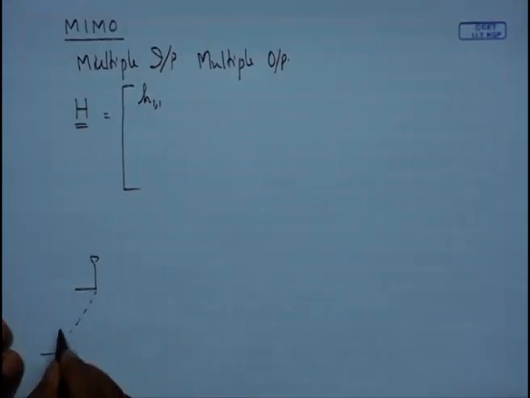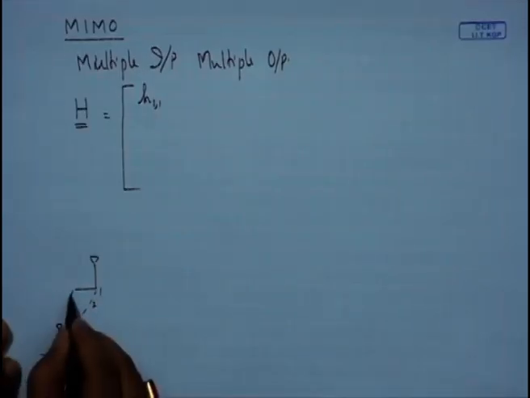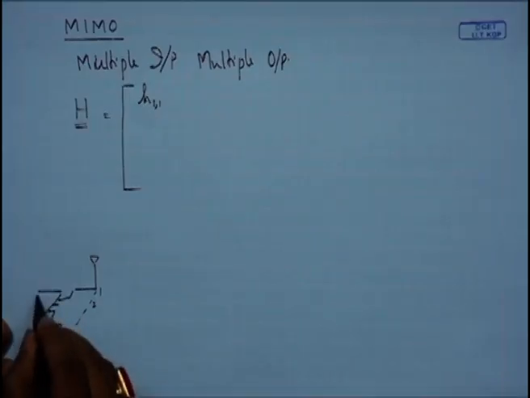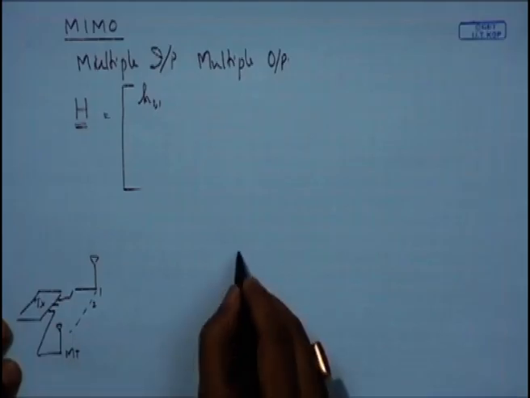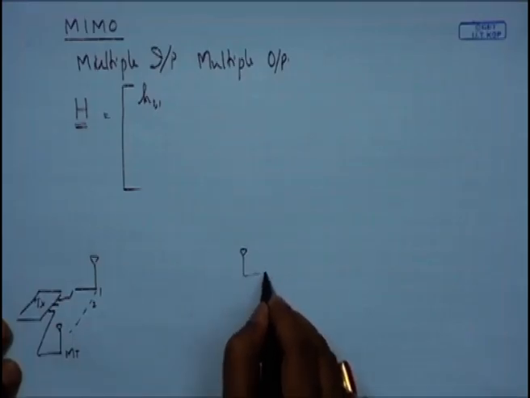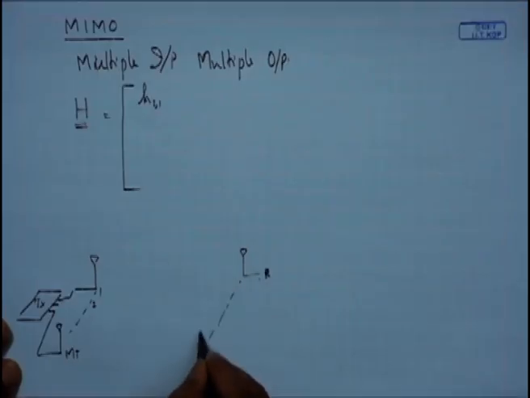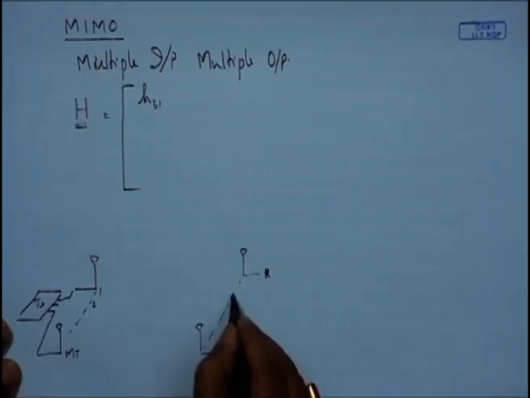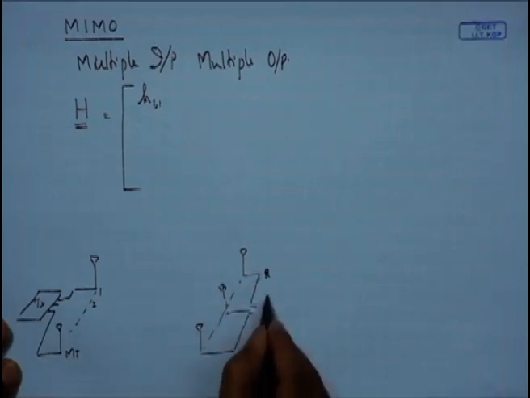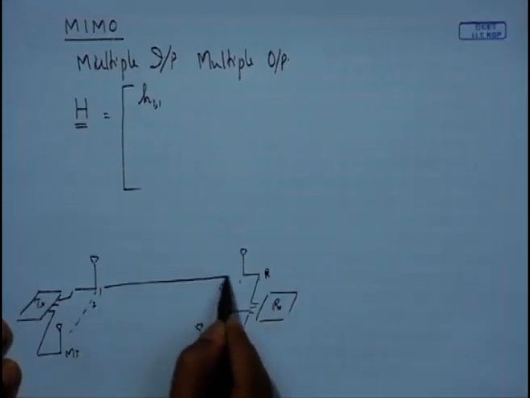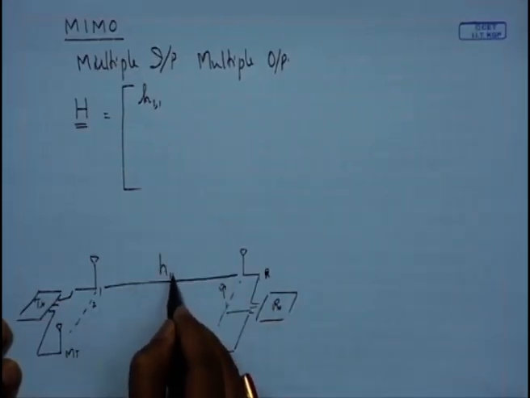The transmitter has MT number of antennas. Similarly, the receiver would also have MR number of antennas. So this link would be H11.